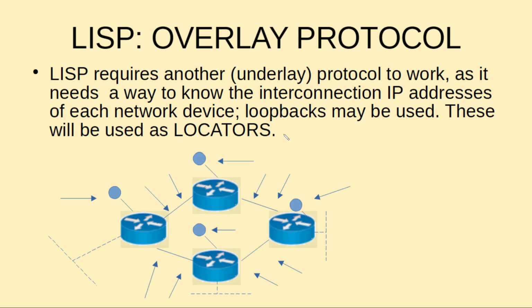We can also define LISP as an overlay protocol. LISP actually requires another protocol in order to work that we are going to call the underlay protocol, and it needs this because all the routers that comprise the LISP domain need to share their IP addresses. These interconnection IP addresses, the IP addresses that belong to their interfaces and loopbacks, need to be advertised. And we are only going to be able to advertise these IP addresses through a traditional IP routing protocol.